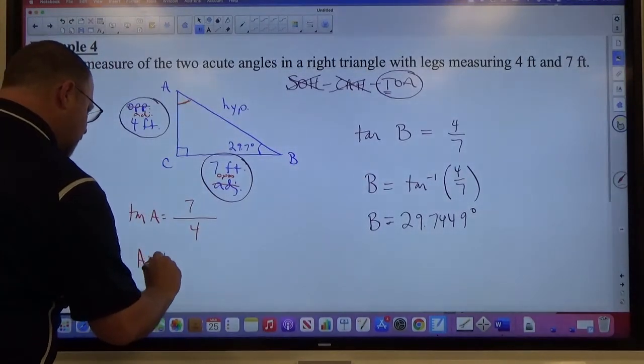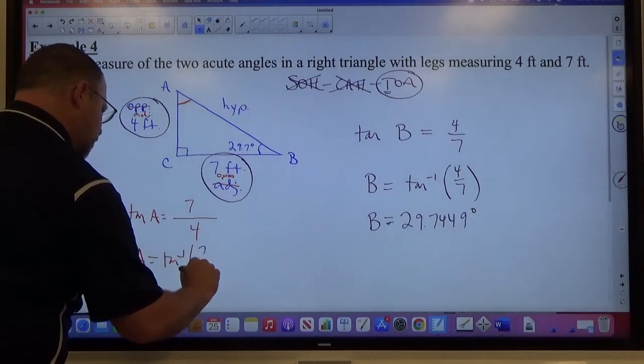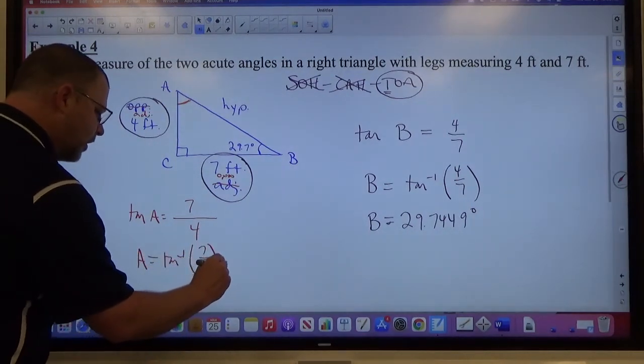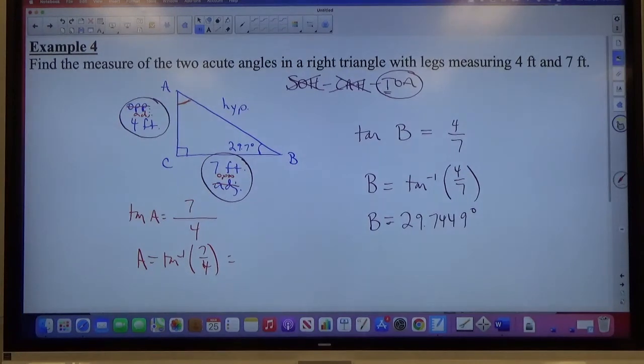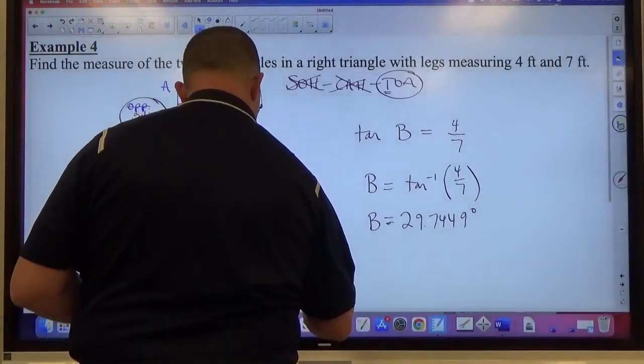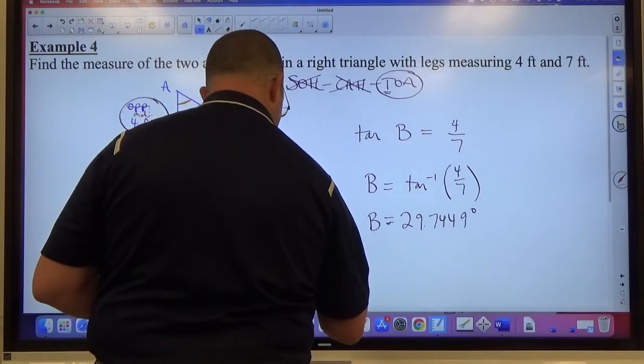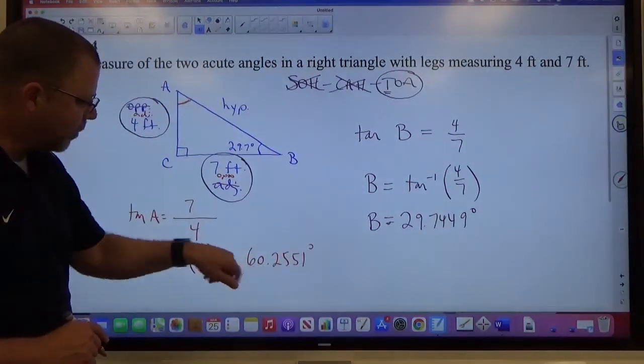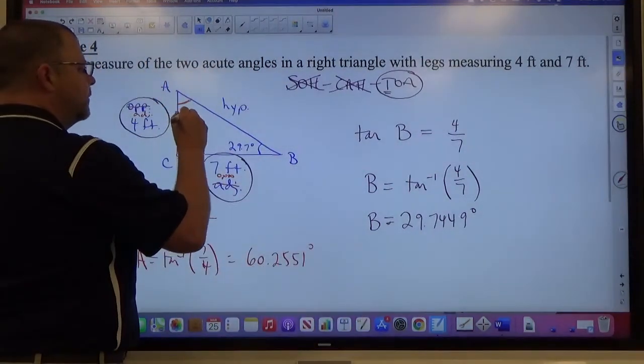A equals the inverse tangent of 7/4. Punch that in the calculator. Inverse tangent of 7/4 is 60.2551. If I round that to 1 decimal place, that's 60.3 degrees.